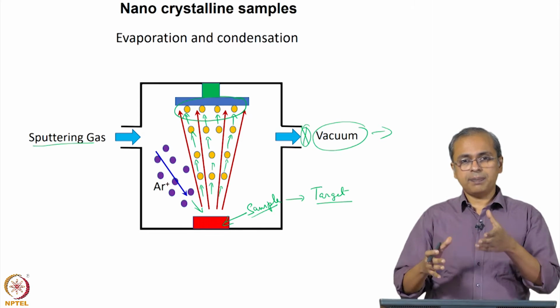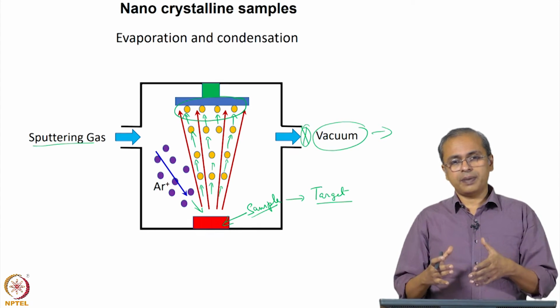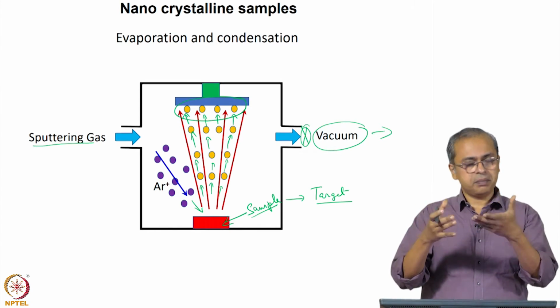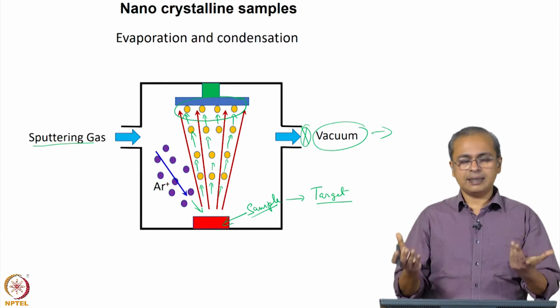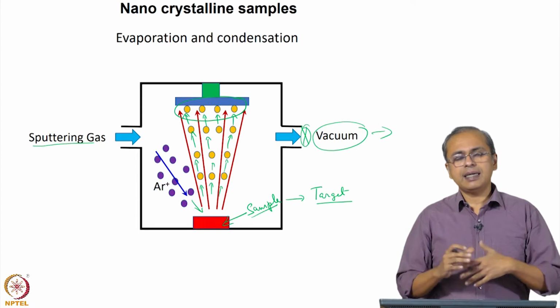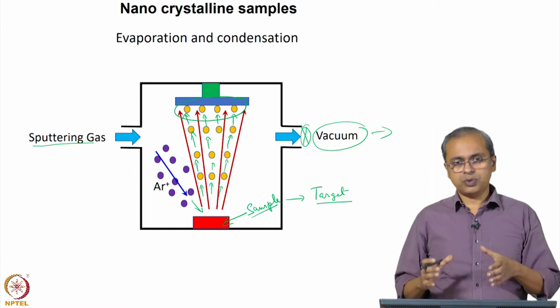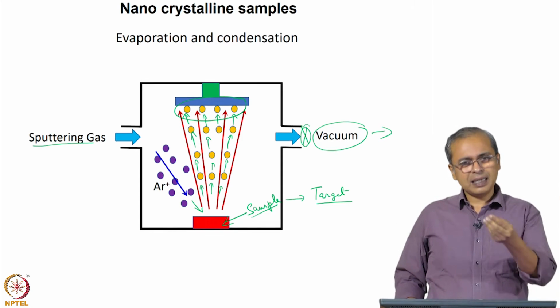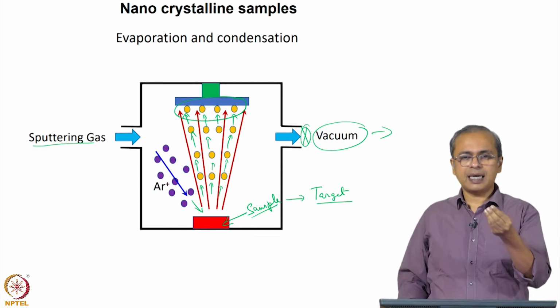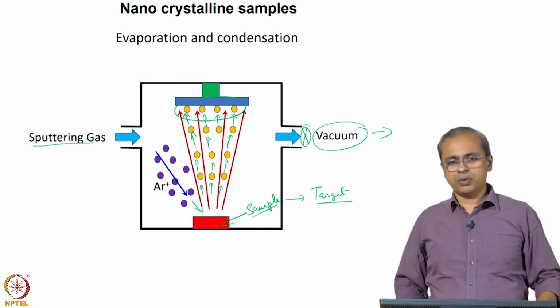They will sell separately high quality platinum target, palladium target, copper target, etc. They will sell that to you, and that is the kind of target that you will use. So, you actually do not evaporate the entire target, you are basically removing only a few microns of the target and then you make it settle on your sample.